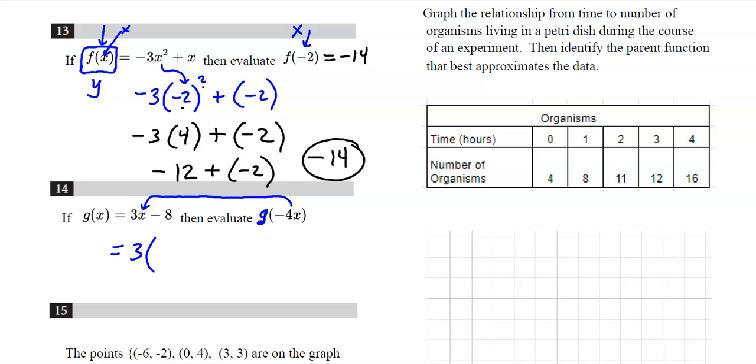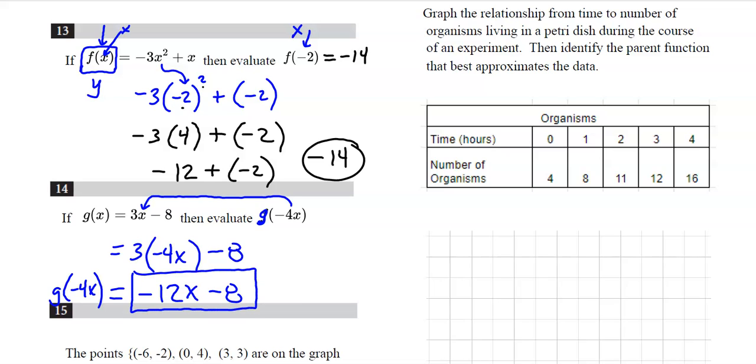So instead of x, I got to plug in negative 4x. And I'm not going to get a value as far as a number. I'm going to get an expression, which is negative 12x subtract 8. So that's what g of negative 4x gets. You drop negative 4x in the machine, this is what will get spit out.